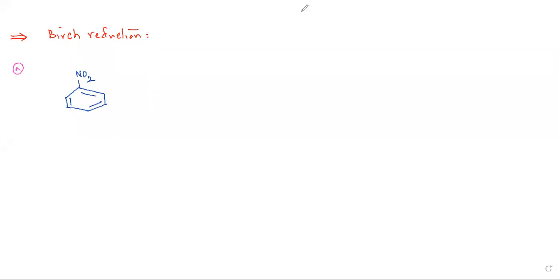Now let us consider a withdrawing group. When this is subjected to Birch reduction, lithium or sodium in ammonia or of course alcohol. What is the product formed in this particular reaction?